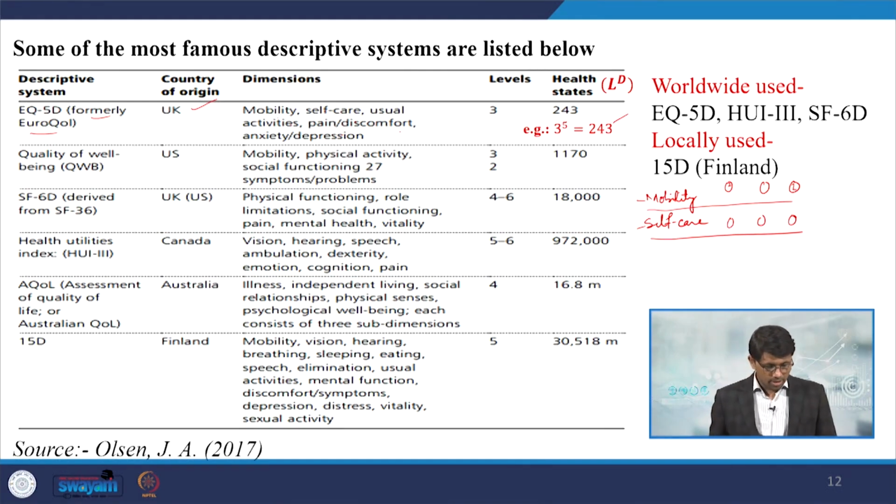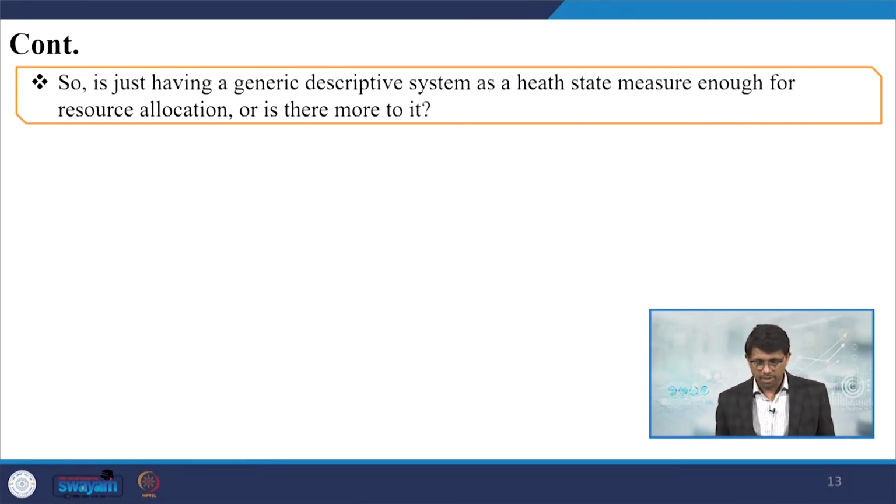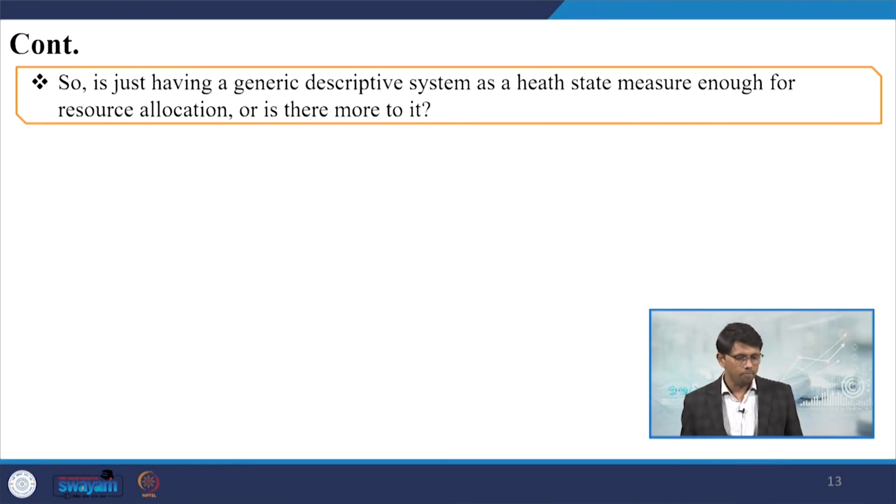Similarly, in the 15 dimension case of Finland, it will of course be 5 to the power 15. So, 5 to the power 15 is expected to be of this number. Other famous descriptive systems are mentioned. One is from Canada, another is from Australia, etc. We have explained all these things here.